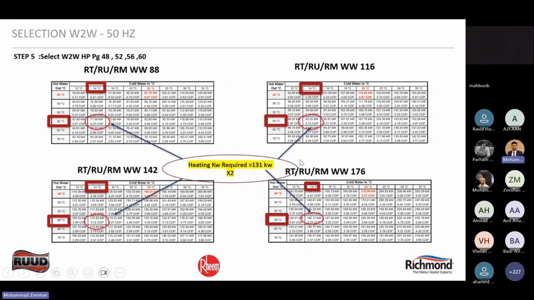In this example, you have the 176 kilowatt model sufficing about 143 kilowatt of energy, which will be enough. 2 units of this will be enough for heating up 131 kilowatt into 2, which is 262 kilowatt, which we calculated earlier.